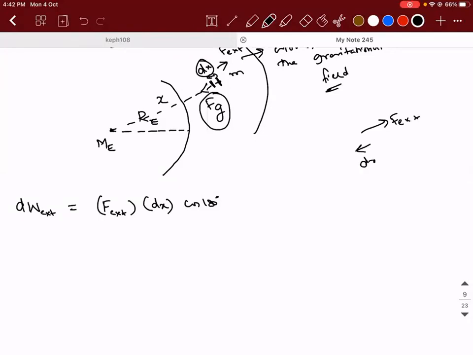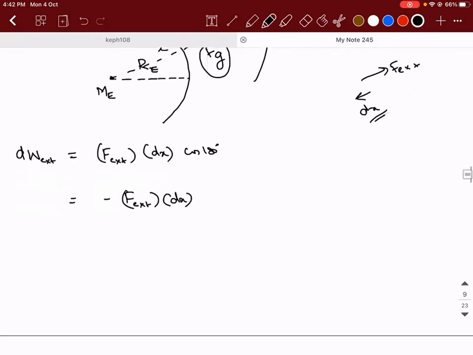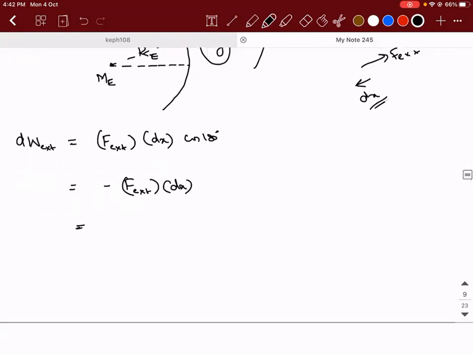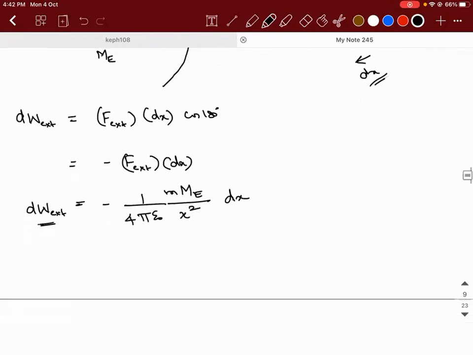F external is in this direction, dx is in this direction. So it will be minus F external into dx. F external is minus 1 divided by 4 pi epsilon naught into mass of the Earth into mass of the small particle divided by x square, and a dx. Please write it down.